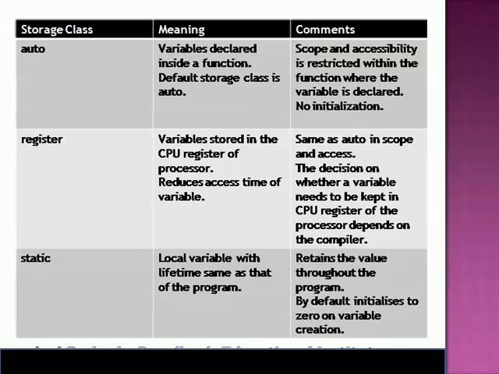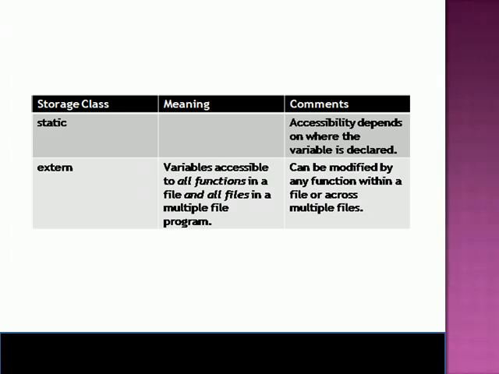It retains the value throughout the program. As we have already seen, in static storage class, control is transferred to the function call. That means accessibility depends on where the variable is declared.